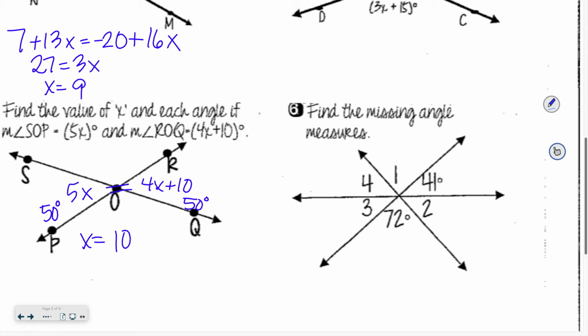All right, 1 and 3 should be easy. What's the value of angle 1? 72. What's the value of 3? 41. Those are vertical angles.